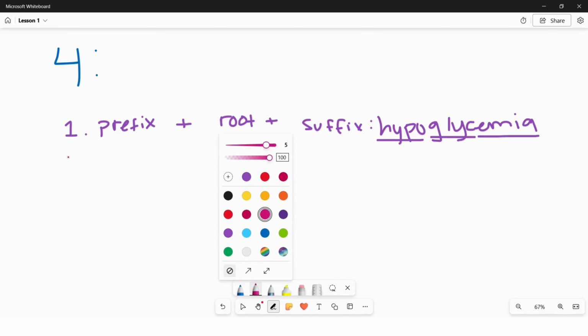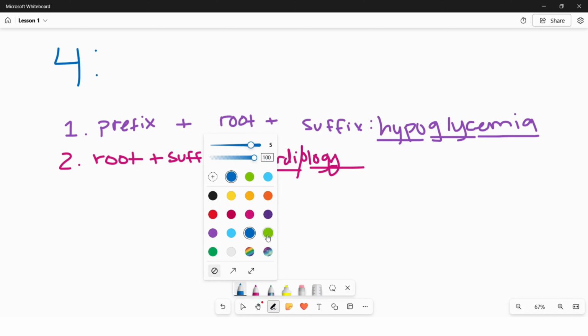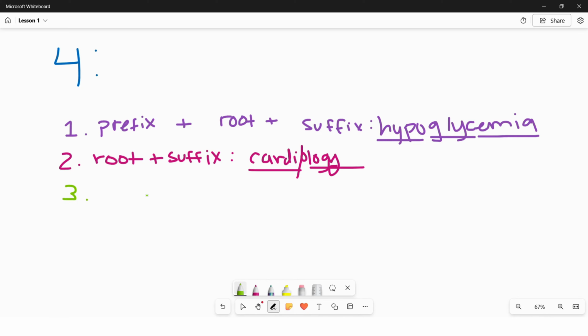But there's another way, and that could be the root and a suffix. And an example would be cardiology. Okay, you have cardi, which is the root, and then you have a suffix ology with the combining vowel of the O. And then the next way could be a prefix and a root.